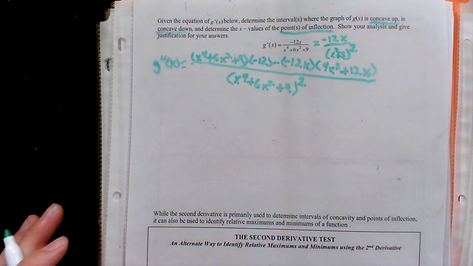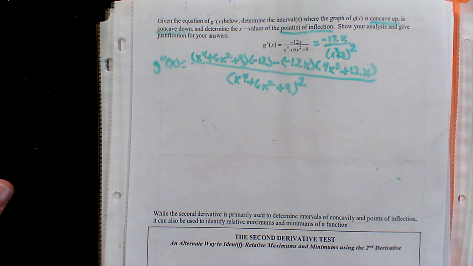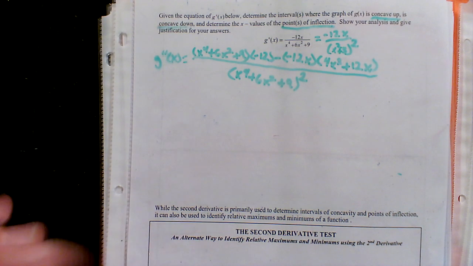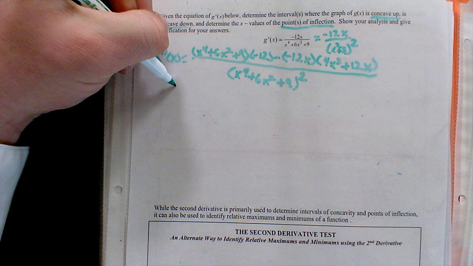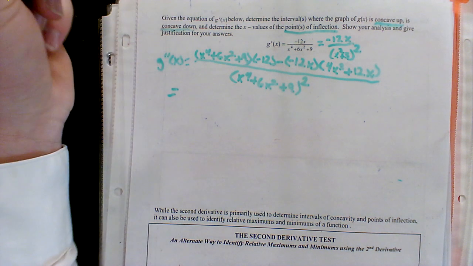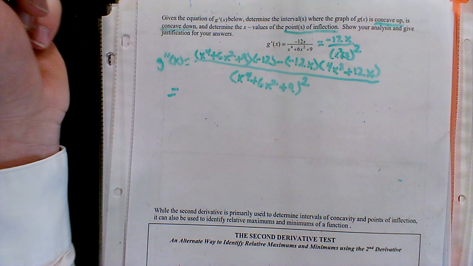Okay. Now I have a whole lot of terms on the top and a whole lot of terms on the bottom, so we're going to want to try to simplify this a little bit. All right.